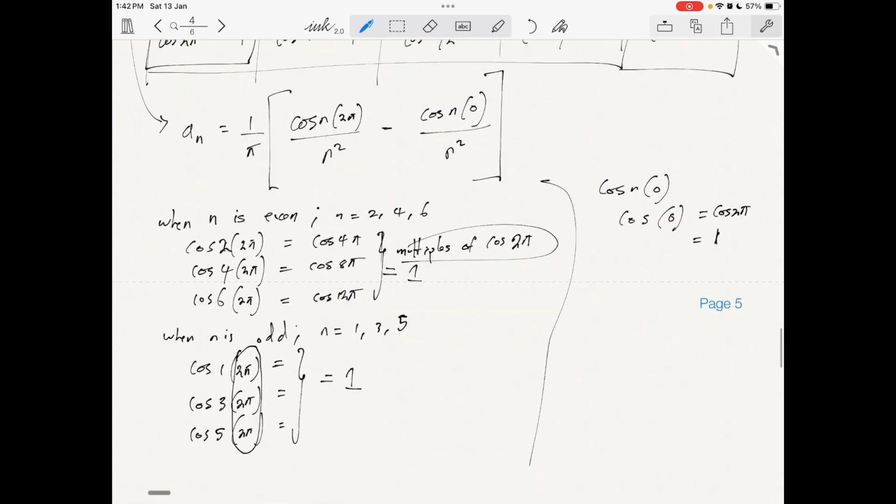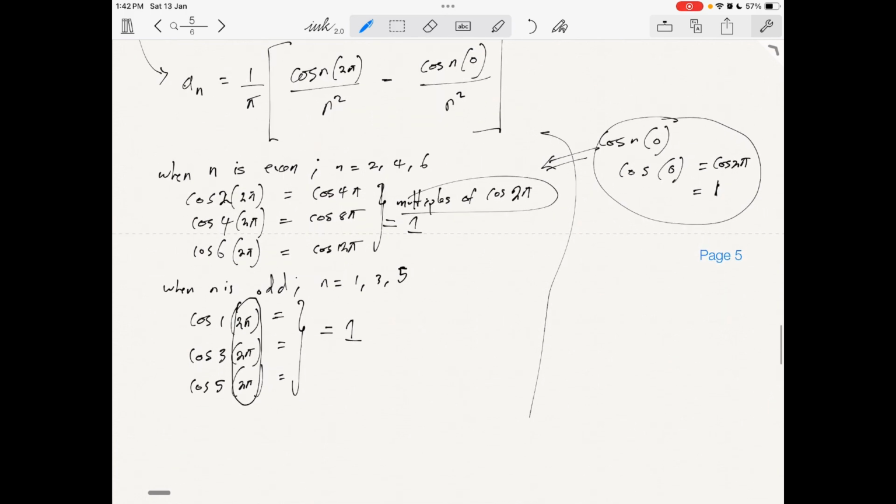Since they are now similar, we can see that this will take the same format as this has taken. So in essence, we say that an is equals to 1 over pi, and cos n 2 pi is equal to 1 over n squared, and cos n of 0 is also equals to 1 over n squared.